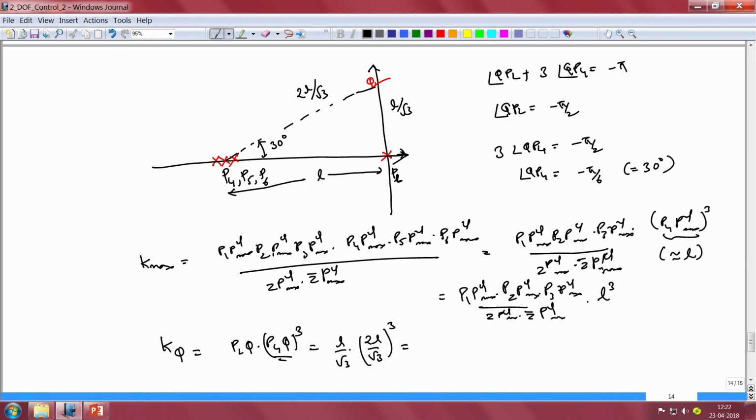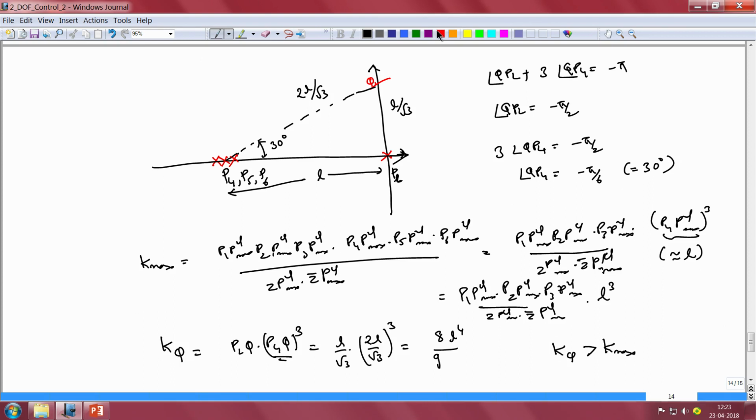So we are going to have the gain at which the point Q crosses over from the left half to the right half of the complex plane given by 8 times L power 4 by 9. Now in order to make sure that none of the closed loop poles are going to be on the right half of the complex plane when the plant parameter changes by the maximum possible value by which it can change, we have to ensure that KQ should be greater than Kmax.